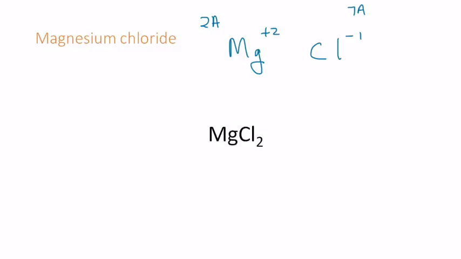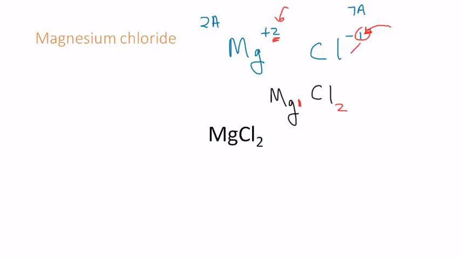Let's go ahead and crisscross here. The number of magnesiums I need is the magnitude of the charge on the chloride ion, so I need 1. The number of chlorines I need is the magnitude of the charge on the cation, 2.